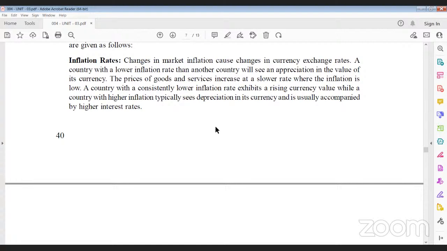A country which consistently has a moderate inflation rate will show a rising currency value, while a country with higher inflation typically sees depreciation, and its currency is usually accompanied by higher interest rates.